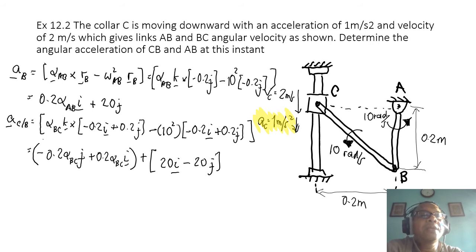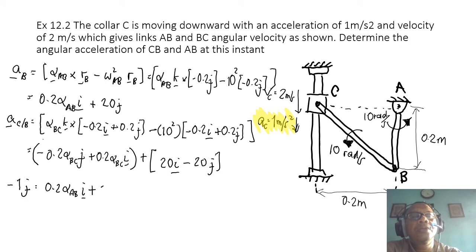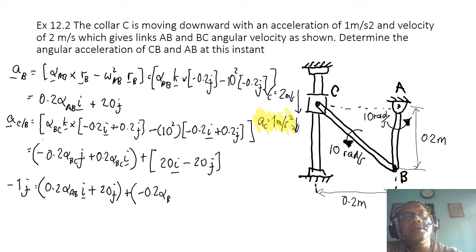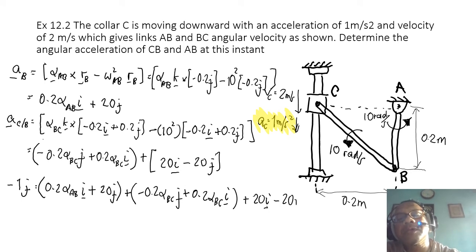AC is minus 1J equals 0.2 alpha AB I plus 20J plus minus 0.2 alpha BC J plus 0.2 alpha BC I plus 20I minus 20J.